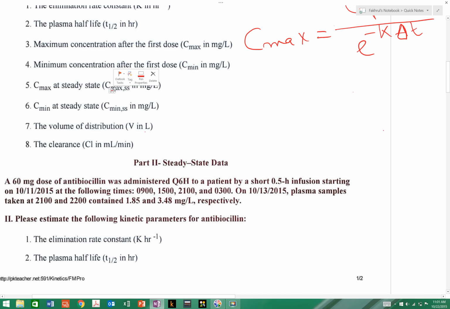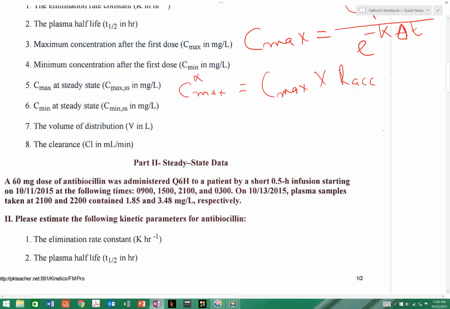If we have to find the accumulation, you perhaps remember there is an equation for Cmax at steady state: Cmax first dose times RSCC. We don't have RSCC here.